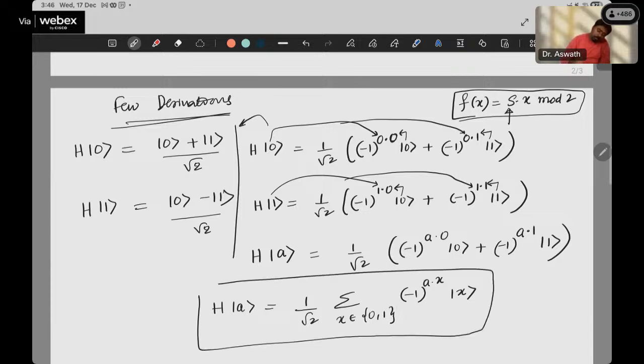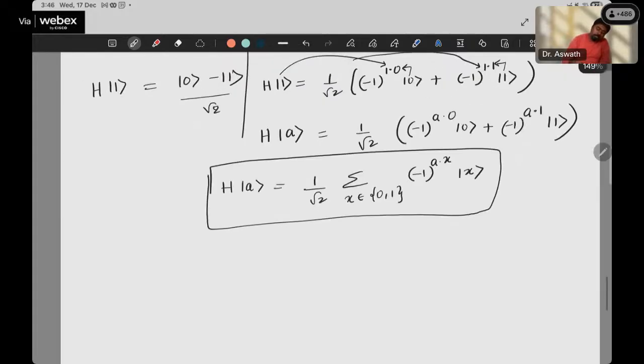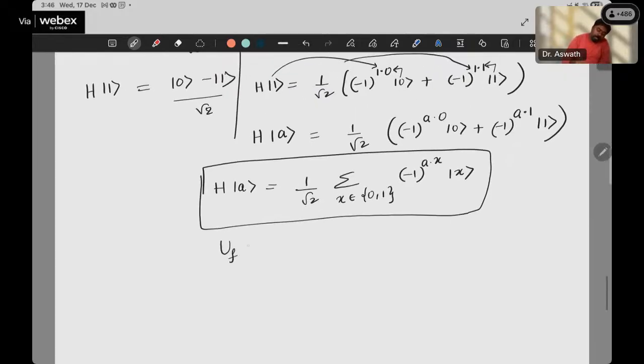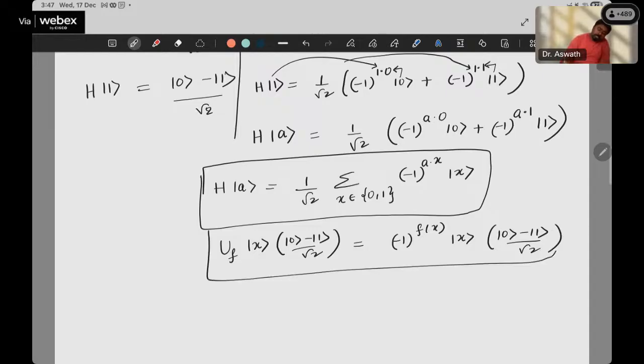If you recollect, this is very close to the unitary acting on x, 0 minus 1 ket divided by square root of 2, where the output was minus 1 to the power of f of x, x ket, 0 minus 1 divided by square root of 2. Please recollect this equation derived earlier as a part of the Deutsch algorithm.